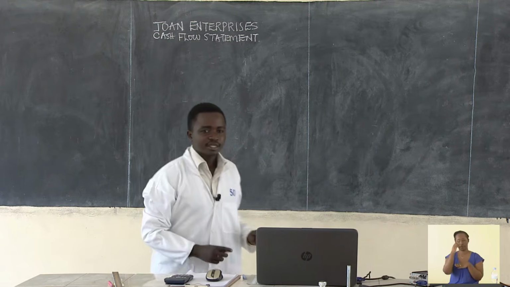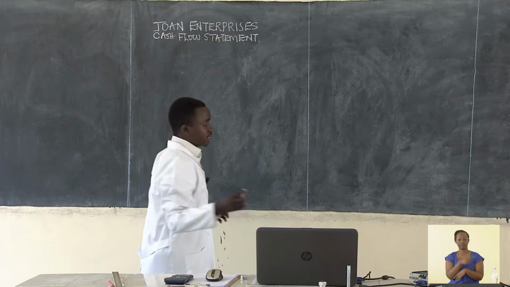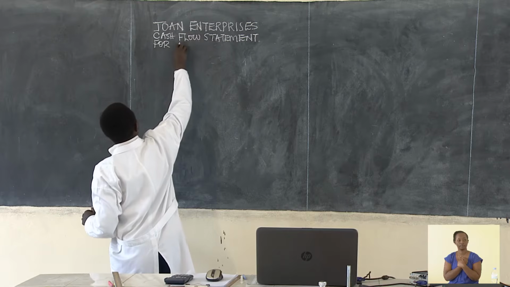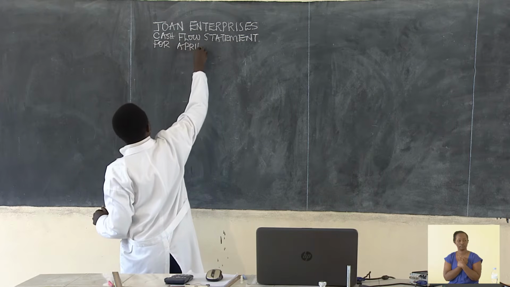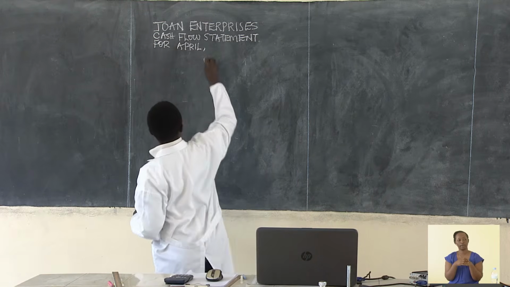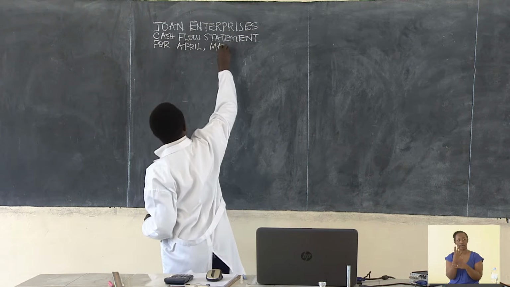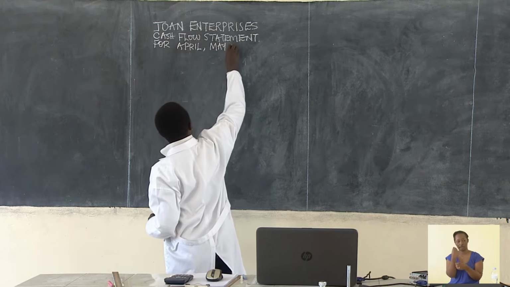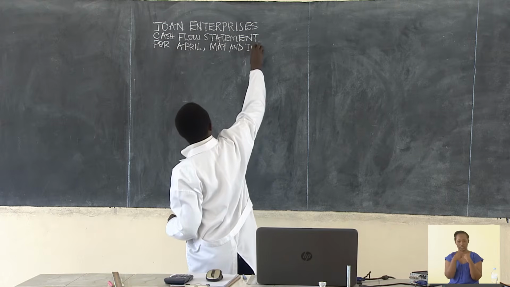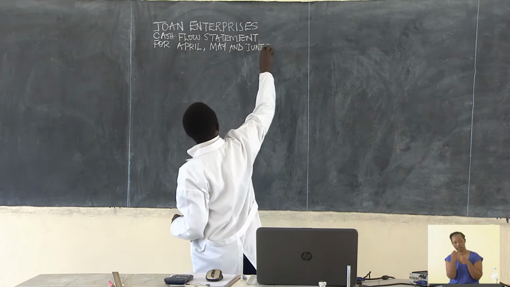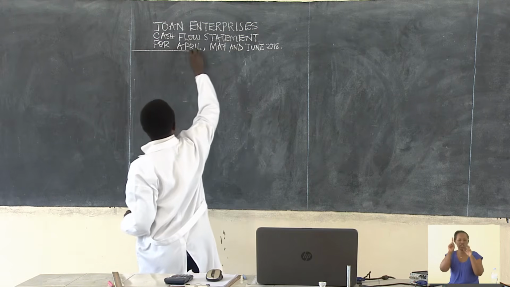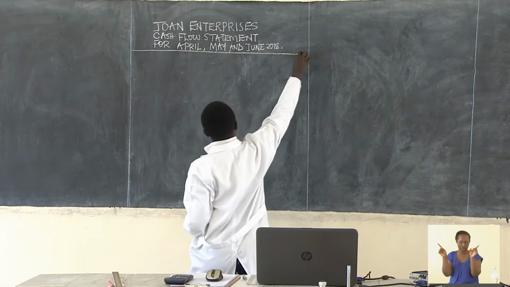So our first month is April, as you can see. The second month should be May. From April, you go to May and June. For April, May, and June. Which year? 2018. This should be your title, and that's how it should be drafted.